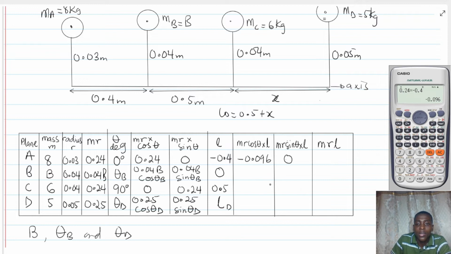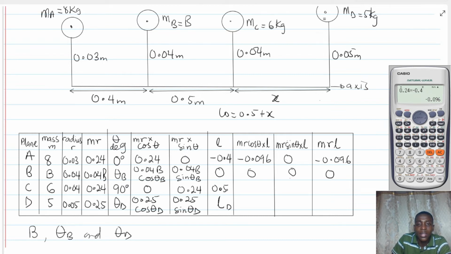Sometimes we want to do MRL: MR, which is 0.24, multiplied by L, which is minus 0.4, is also minus 0.096. Then the second mass: because L is 0, it has eliminated everything here.